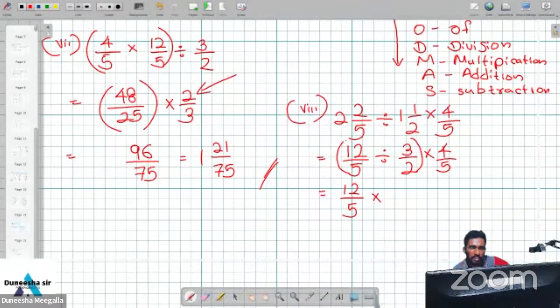We use the previous question here. How do we get the reciprocal of it? What is the reciprocal? Can you tell me? What is the reciprocal of it?